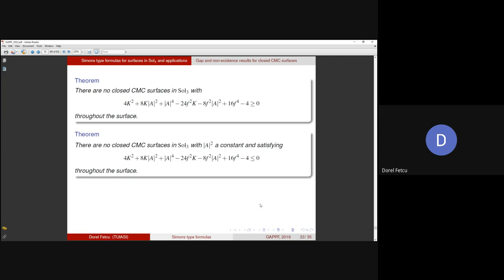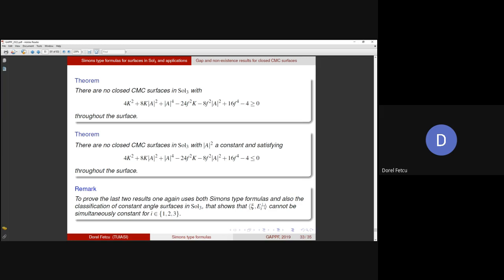Assuming that the squared norm of A is constant, we also have this non-existence result that says that with this supplementary condition, the inequality with changed sign also cannot hold throughout the surface.